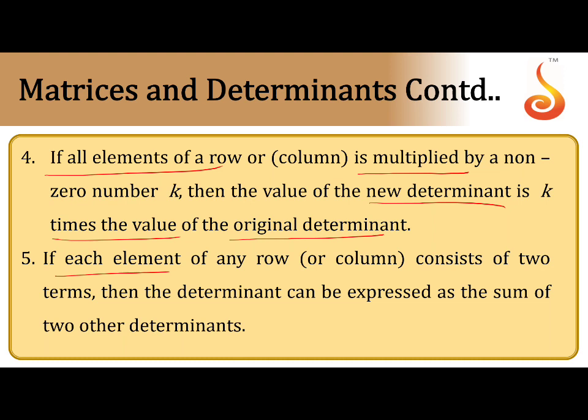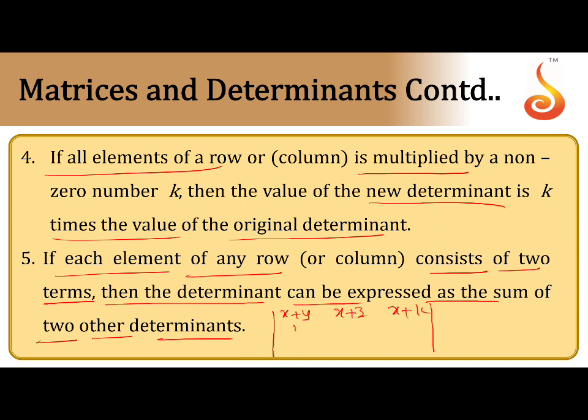Next, if each element of a row or column consists of two terms, then the determinant can be expressed as the sum of two other determinants. For example, I will take x plus y, x plus z, x plus k as the first row. Next 1, 2, 3, and 5, 6, 7. This you can write as a sum of two determinants.